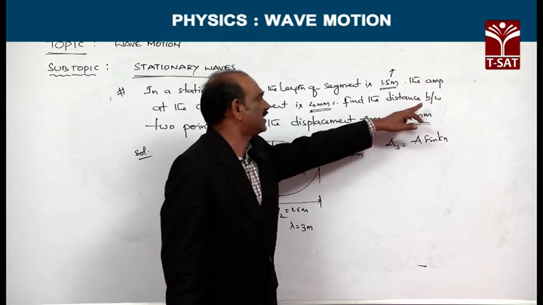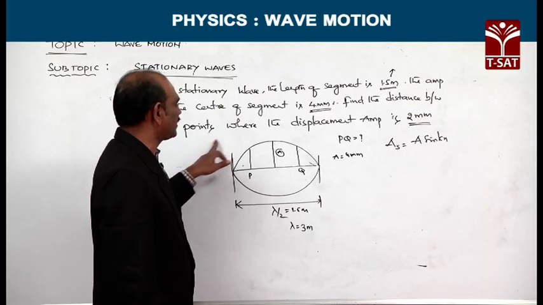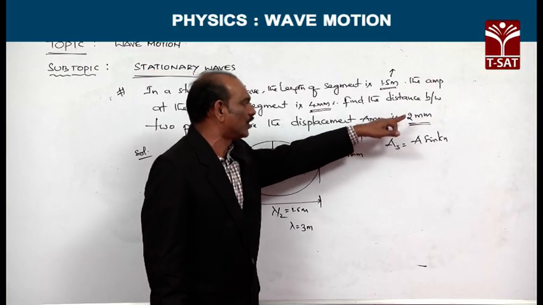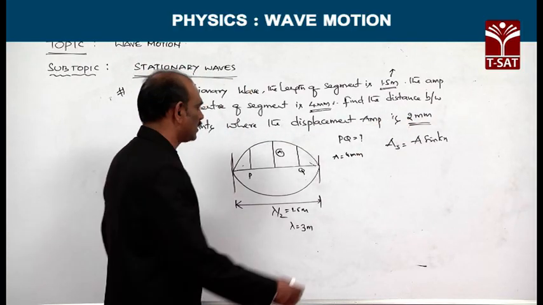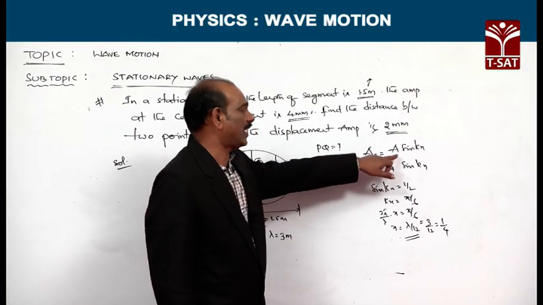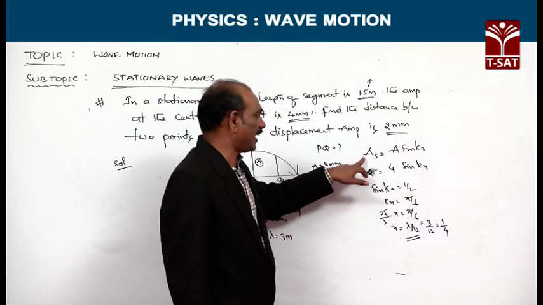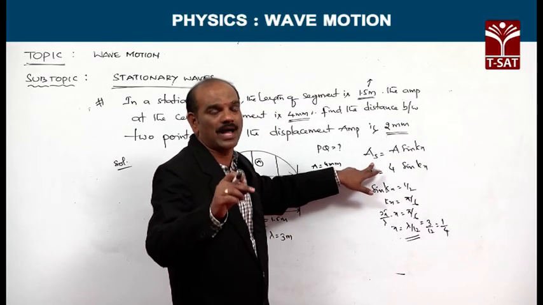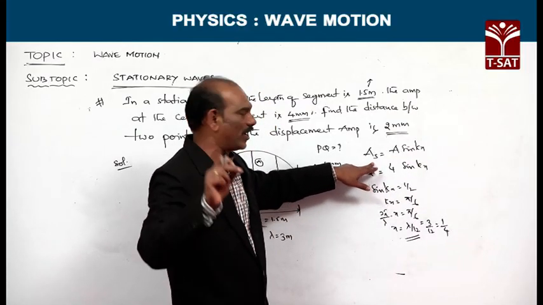Again, find the distance between the two points where displacement amplitude is 2 mm. We know A_s is equal to A sin kx, where A_s means the amplitude of the stationary wave at that particular point.